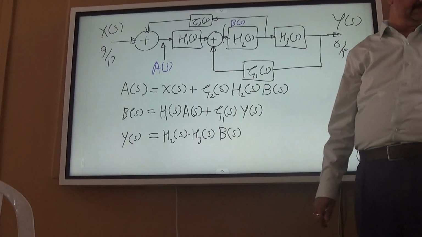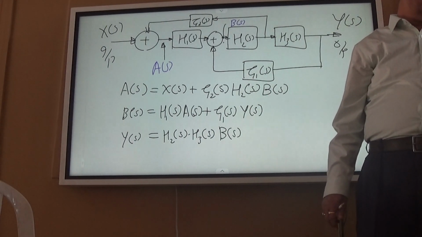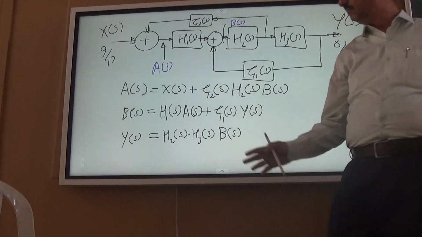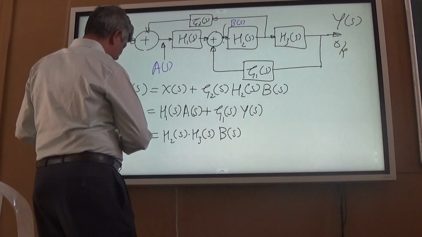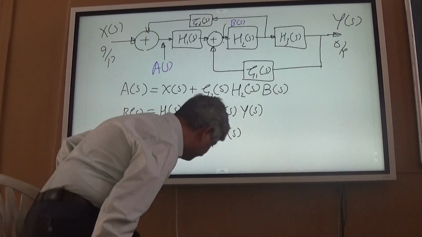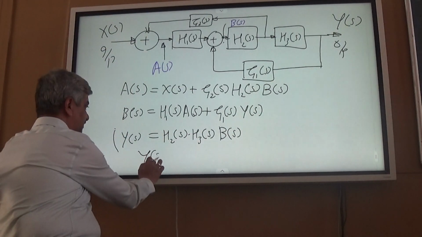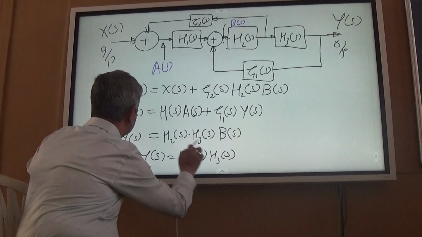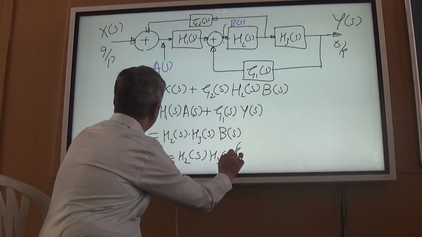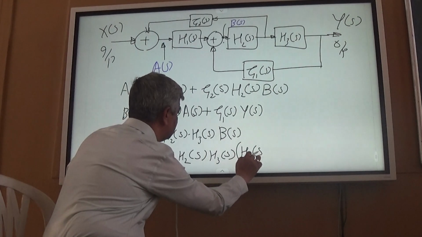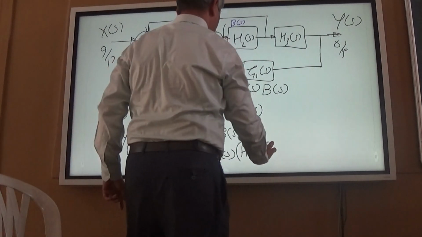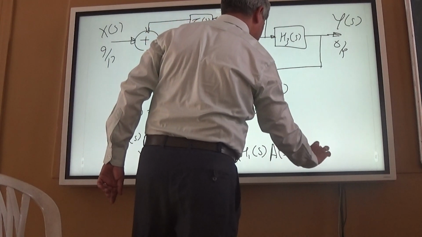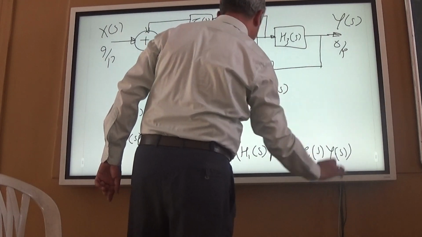So what will happen? Take this as the master equation and proceed further. So Y(s) is equal to H2(s) H3(s) into this, H1(s) A(s) plus G1(s) Y(s).